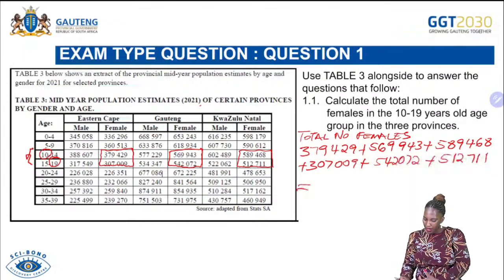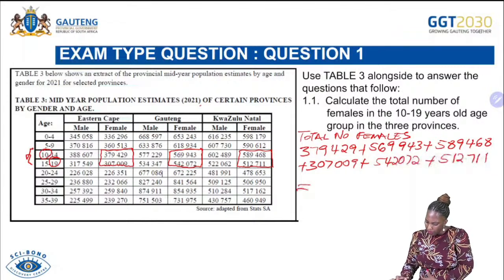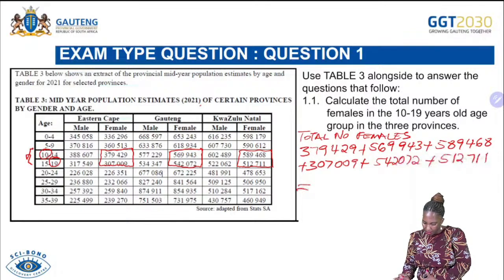Let's quickly go to our calculator. Now when we add, we say 379,429 plus 569,934 plus 589,468 plus 307,009 plus 542,072 plus 512,711.